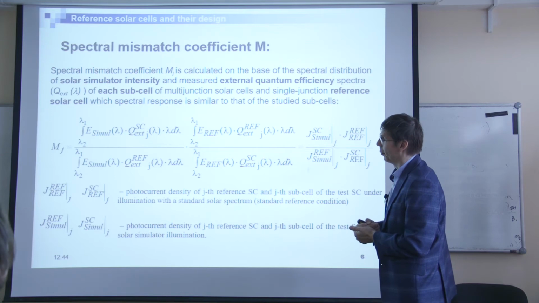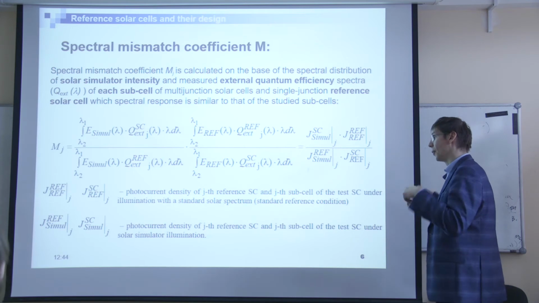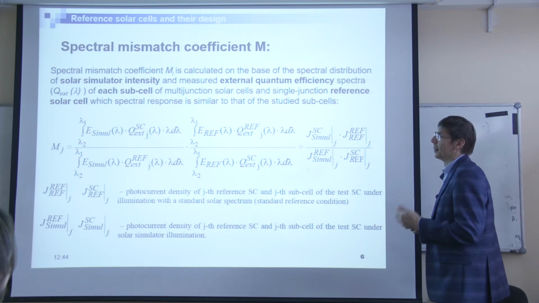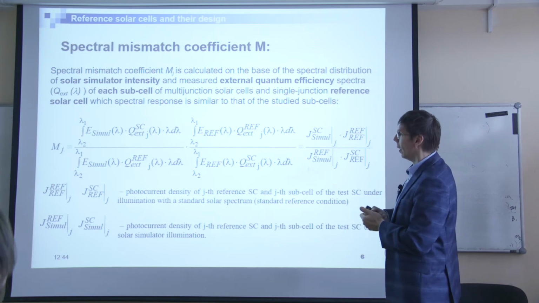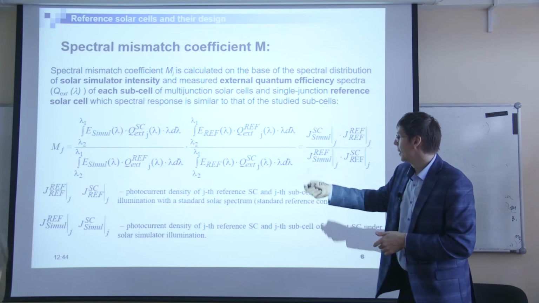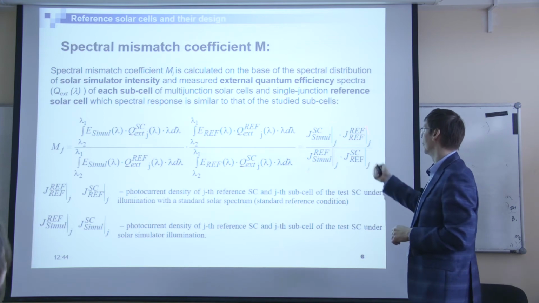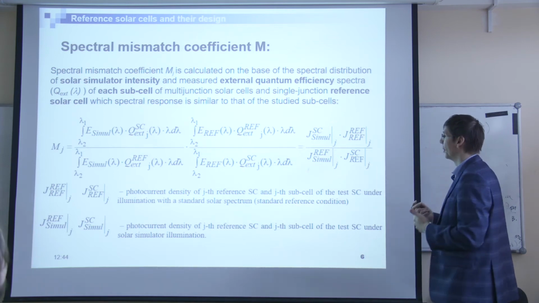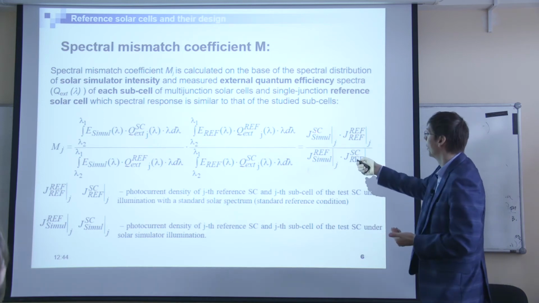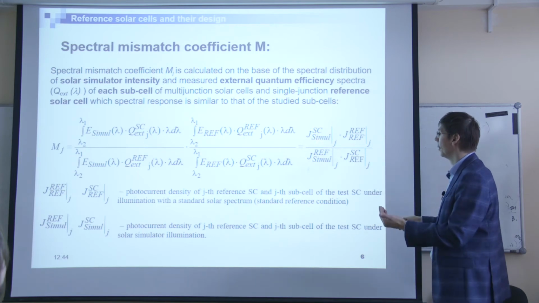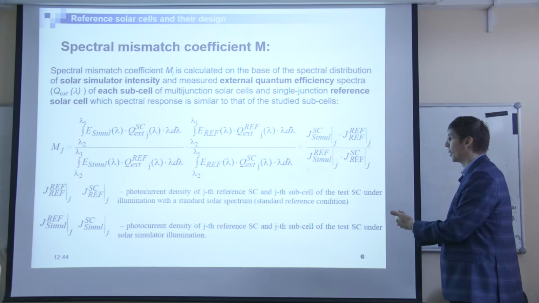And actually, for a single channel simulator, this spectral mismatch coefficient is used to adjust intensity. It's quite a complicated formula, you can see, but it's much easier to understand using this formula. It's just the relation between the short circuit current of the solar cell under the simulator and the short circuit current of the solar cell under reference condition.